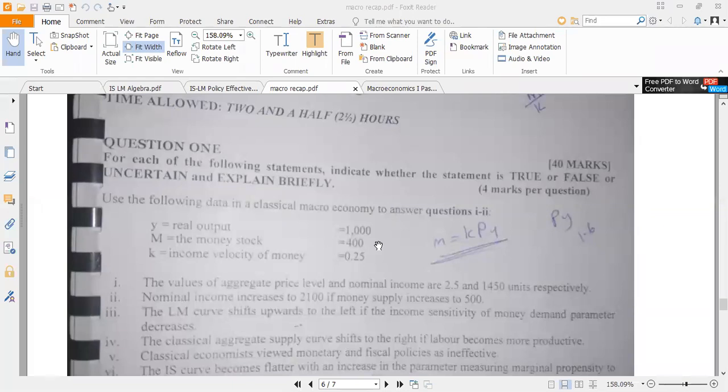100% crowding out means that the latter fall in private spending, partly from investment and partly from consumption, will totally offset the initial increase in government spending. So there will be no change in the income level, but there will be changes in the components of aggregate expenditure. Okay, aggregate expenditure.